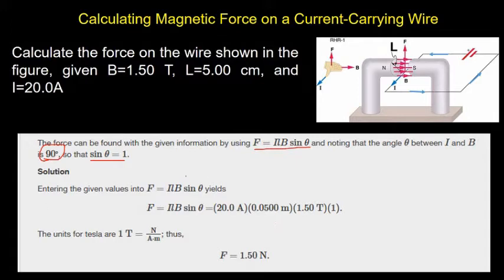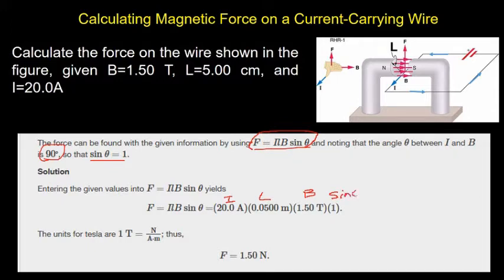Then, using the formula for calculating the magnetic force which we saw in the previous slide, we have I as 20 amperes. The length of the wire inside the magnetic field is 0.05 meters, and the strength of the magnetic field is 1.5 Tesla, and this is sine 90.